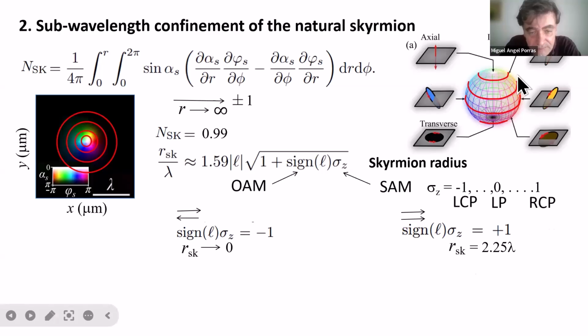And we have minimum radius falling down to 0 for maximum spin, for example, circular polarization, and anti-parallel orbital angular momentum. In that case, the radius, according to this expression, approaches 0.